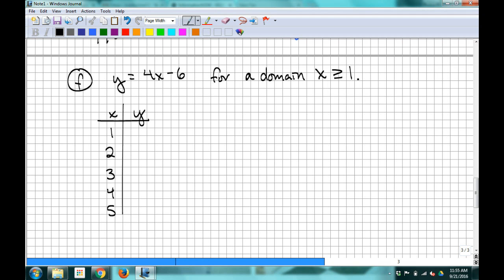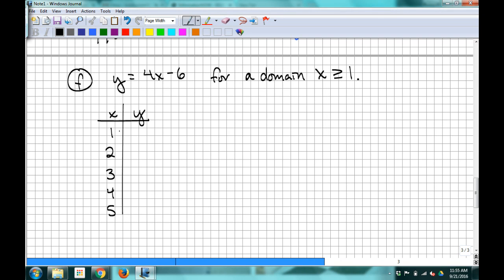This is called a restriction on the domain. It just means you're limiting your x values to a certain kind. The kind we're having on this one is things that are 1 or higher. We picked the easiest ones we could that are 1 or higher.